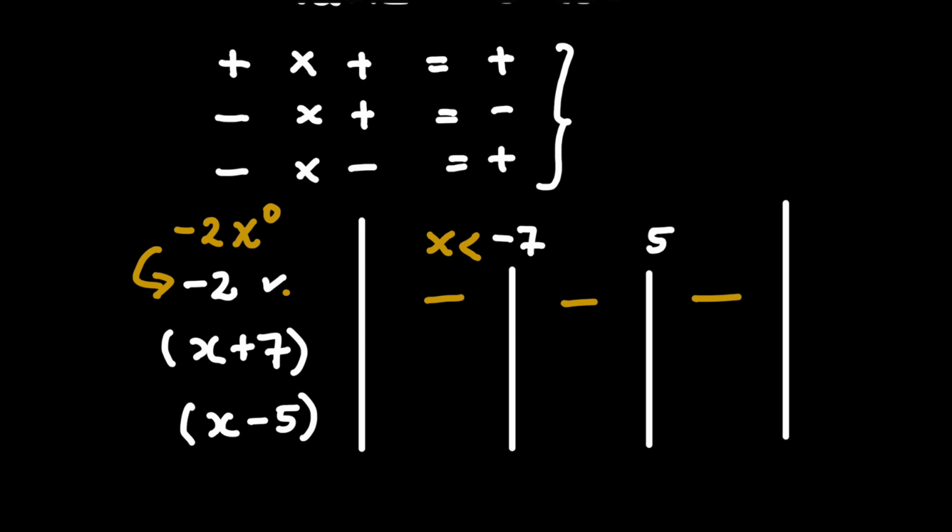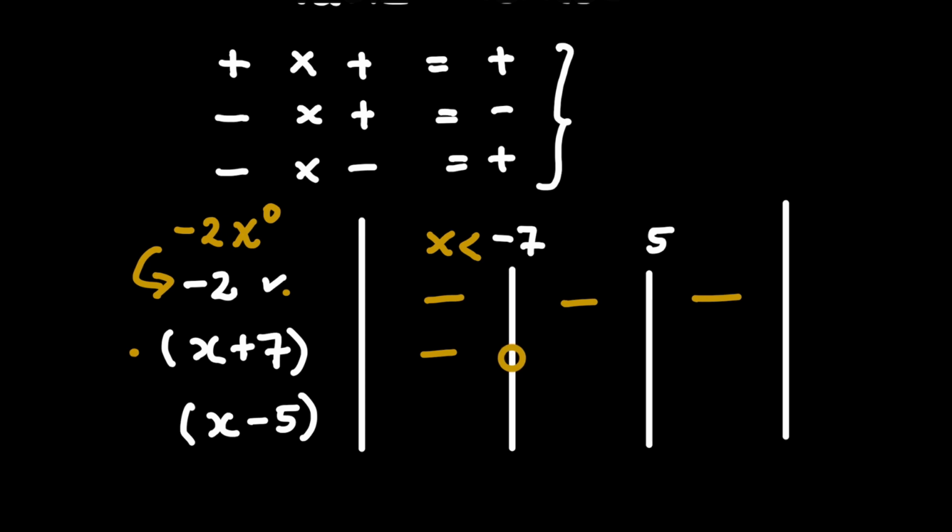So x plus 7 now, any value of x that is less than minus 7. Here, let's say minus 9. If you put minus 9 plus 7 here, you're going to get a negative value, right? And then negative 7 here. At negative 7, you're going to get 0. You know what I'm saying?